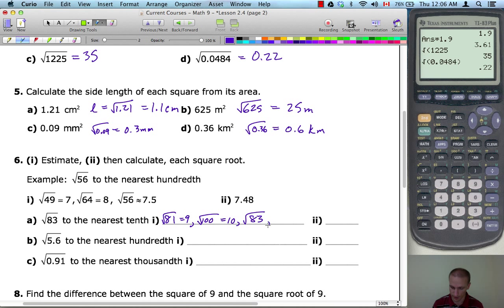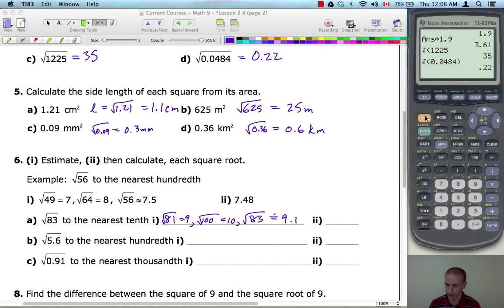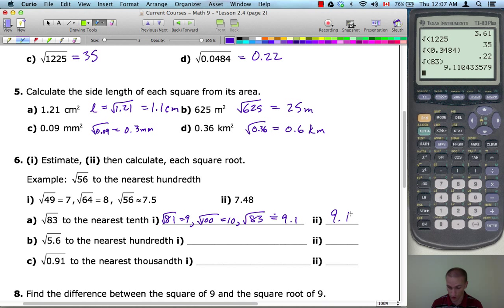So maybe I'm going to estimate that the square root of 83 is going to be approximately 9.1. And when you actually do this on your calculator, taking the square root of 83 gives you an actual answer of 9.11. Now they did ask us to round to the nearest tenth, so actually my estimate is correct to one decimal place, or to the nearest tenth.